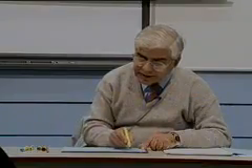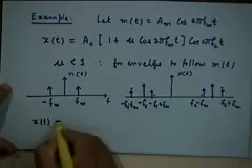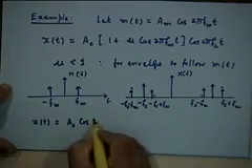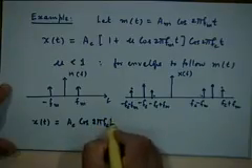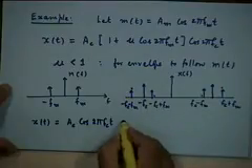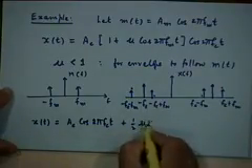So if you were to write this expression in terms of the various components present in the signal, we have the carrier component, which is A_C cosine 2 pi fc t, and by using trigonometric identities you can write the rest in terms of the two sideband components.